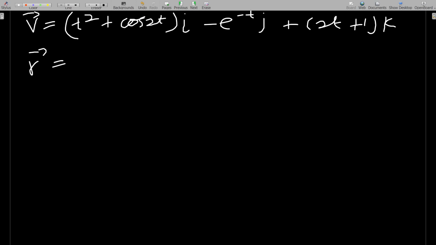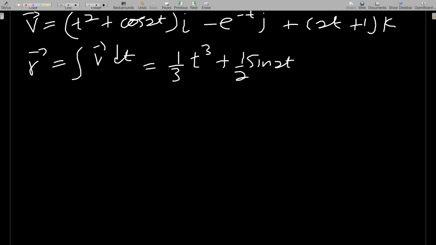Now the position vector is equal to the integral of v with respect to t. When I integrate the first term, I'll get 1 over 3 t cubed plus 1 over 2 sine 2t. When you integrate cos, you get positive sine, but I have to divide through by the differential of the function in there.